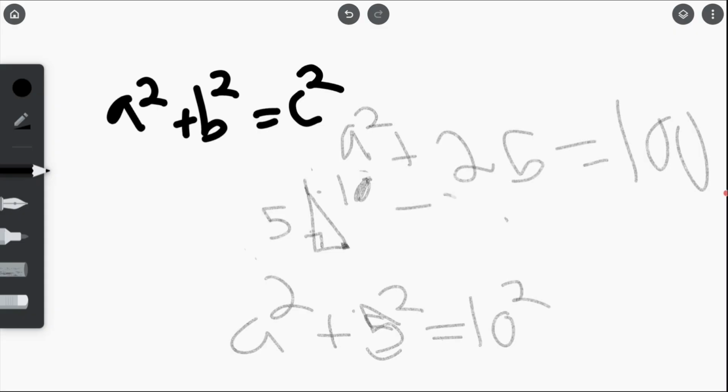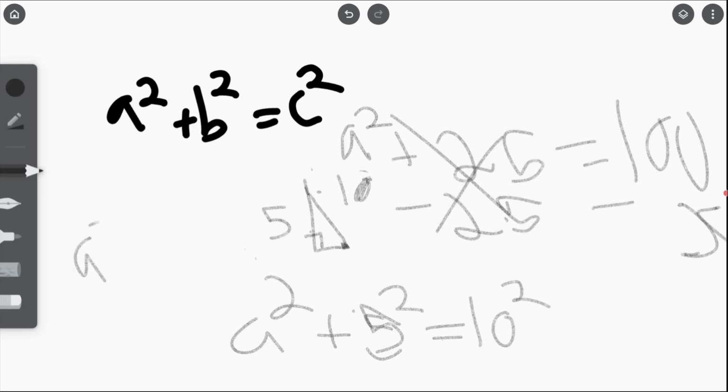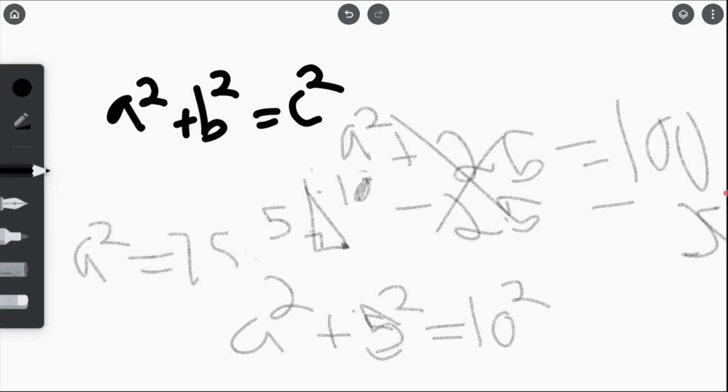And you subtract 25 from both sides, and you get a squared equals 75. Like what I said, if you don't know how to figure out the square root of something easily, then you can just leave that as your answer. There. Good job.